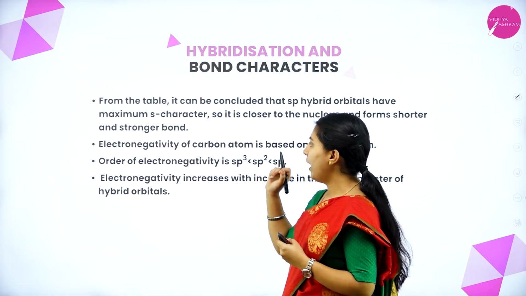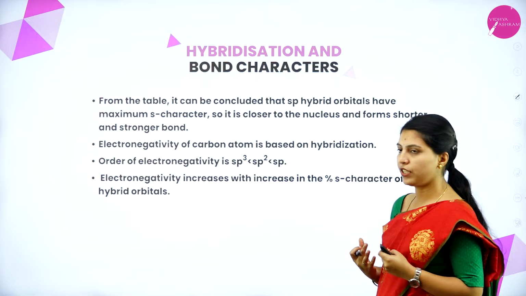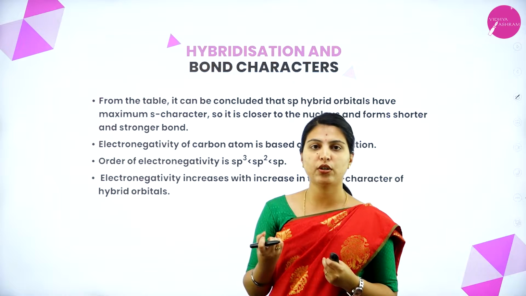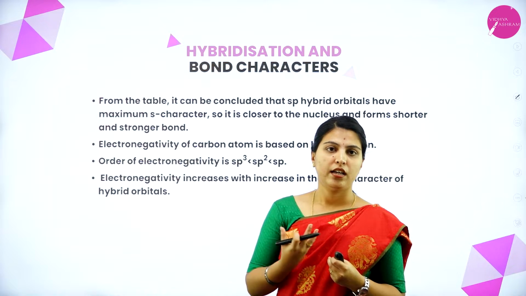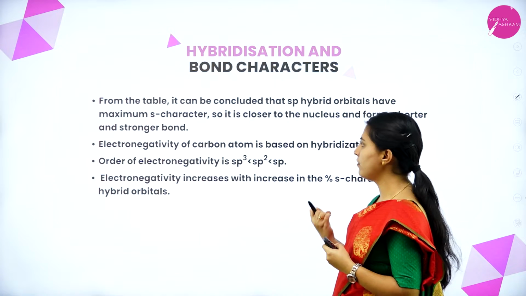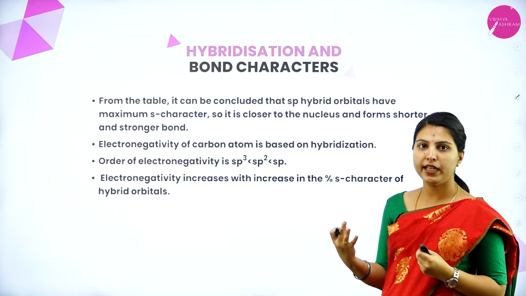The electronegativity of carbon atom is based on hybridization. What is electronegativity? Nothing but the pull of the shared pair of electrons toward the nucleus. It is based on hybridization.